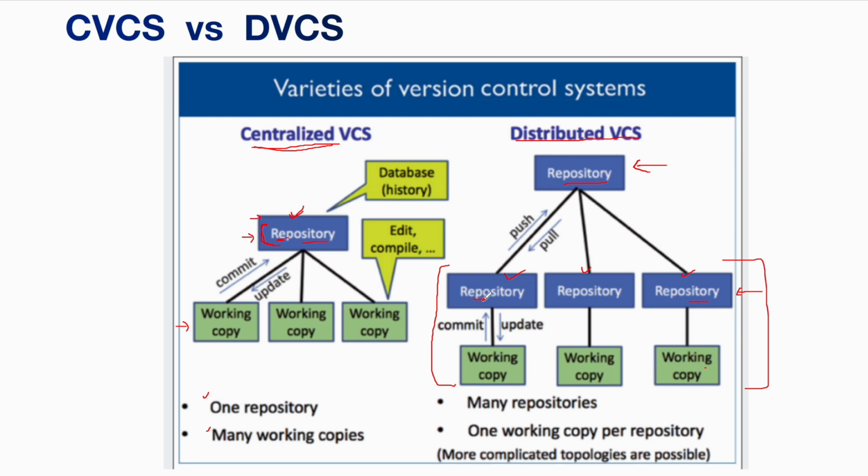Once you complete your changes here, you can push the code to the central repository so that other users can pull your changes back to their own personal repository, that is, the repository located on their own computer.